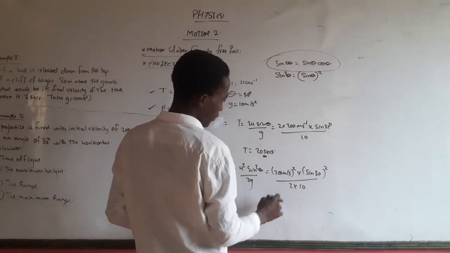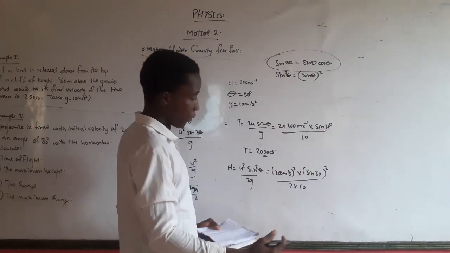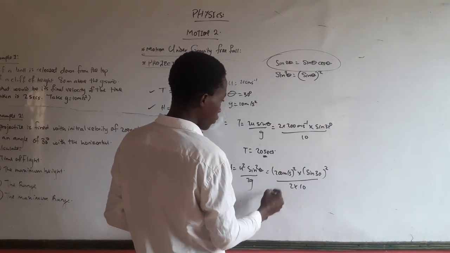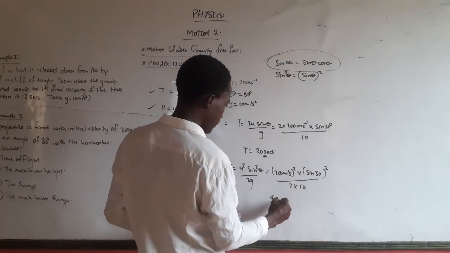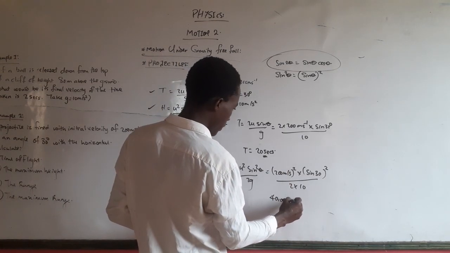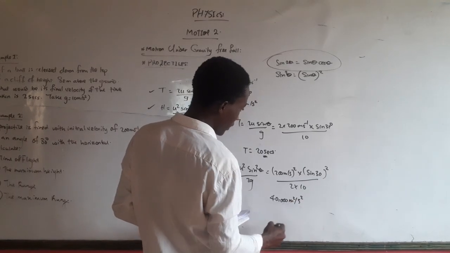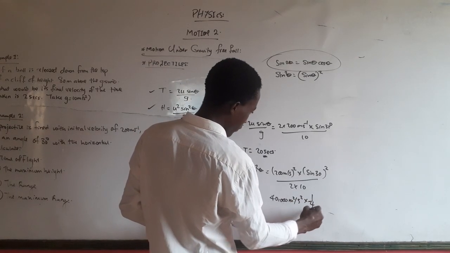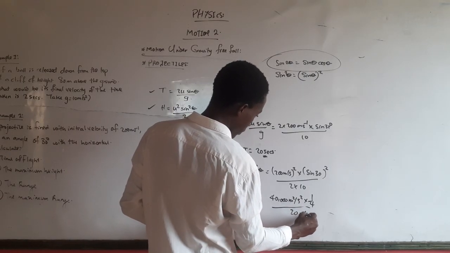So let's move on. Since sine theta is 1 over 2, 1 over 2 multiplied by 1 over 2 is 1 over 4. We have 200 multiplied by 200, that is 40,000 meters squared per second squared, multiplied by 1 over 4, divided by 20 meters per second squared.